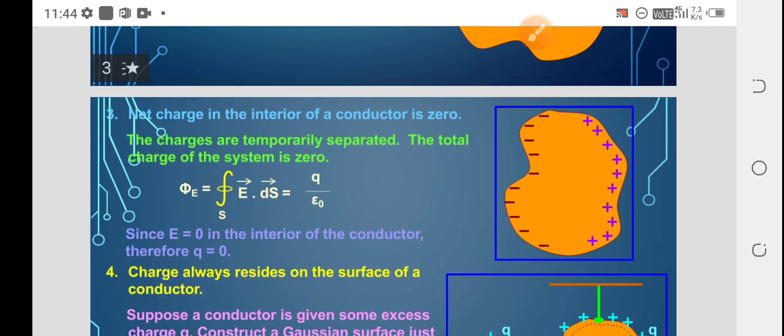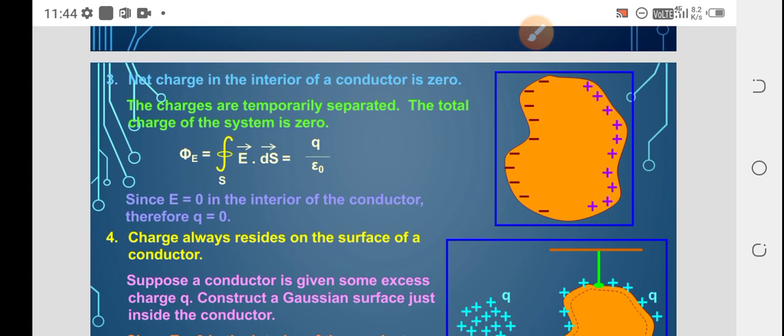Third point, the net charge in the interior of the conductor is 0. Why? The charges are temporarily separated, so the total charge of the system is 0.